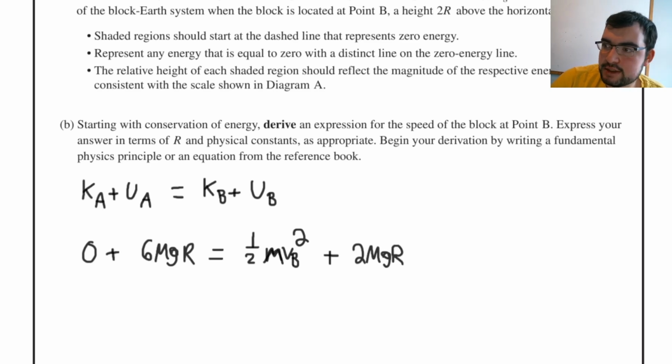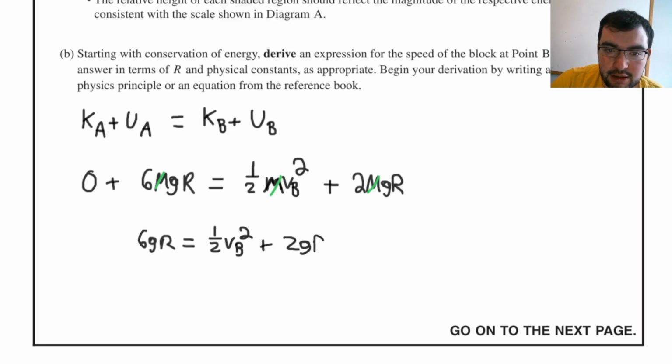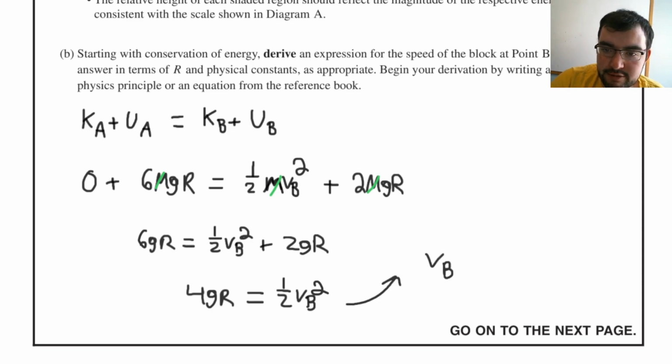So we can see that, as per usual, mass cancels, and we get 6gr equals 1/2 v_B squared plus 2gr. Subtract it over, we get 4gr is equal to 1/2 v_B squared, which means that v_B is just going to be the square root of 8 times g times r.